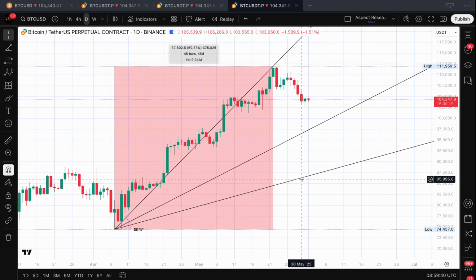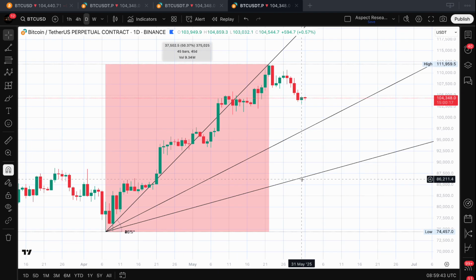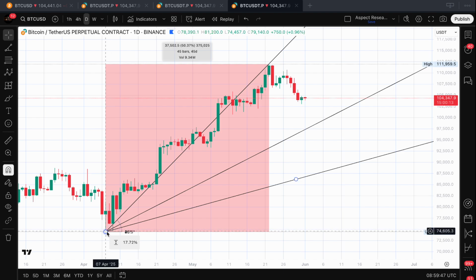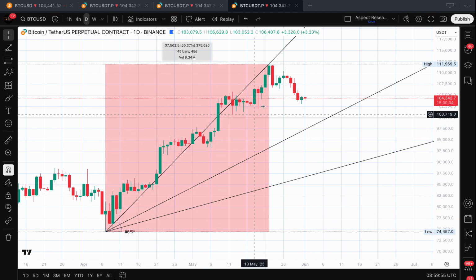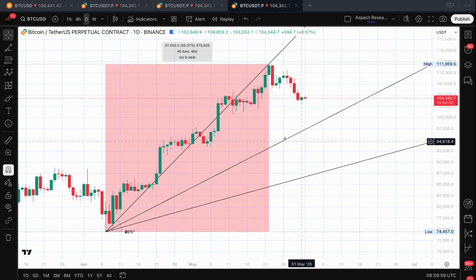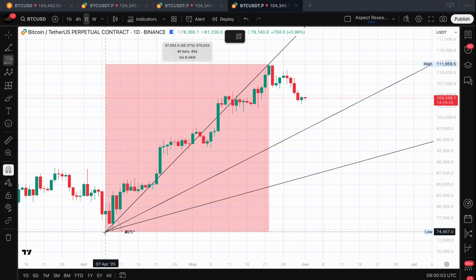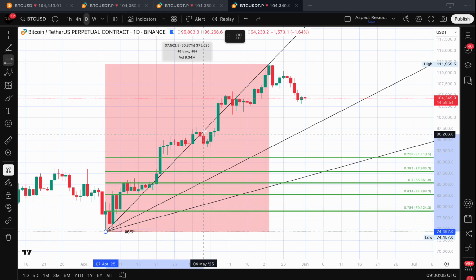Now, let's combine the Elliott wave theory with the Gann theory. Why? Because according to the Elliott wave theory, once the price has completed a five-wave impulse to the upside, wave 2 involves a retracement of at least 50%, between 50 and 62%.